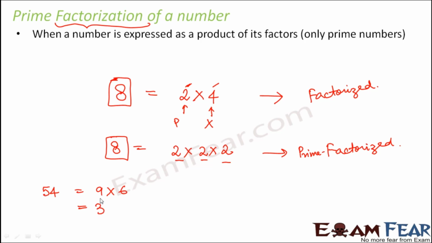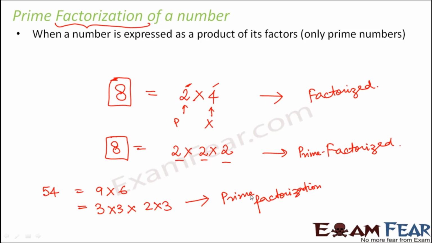But now 9 can be written as 3 into 3, and 6 can be written as 2 into 3. So 54 can be written as 3 into 3 into 2 into 3. So 3 and 2 are also factors of 54. We have written it in the form of factors which are prime numbers. Therefore this is prime factorization of 54.